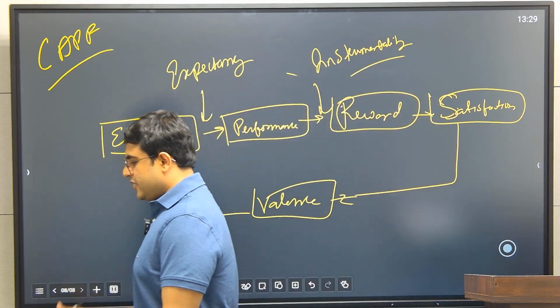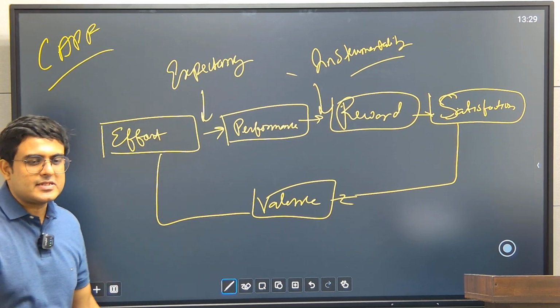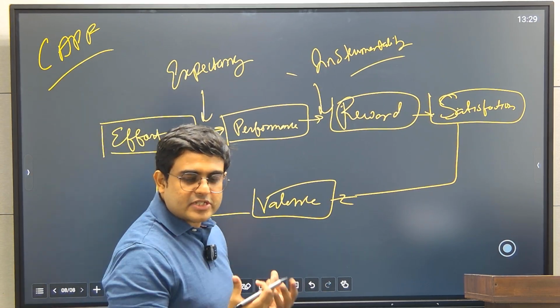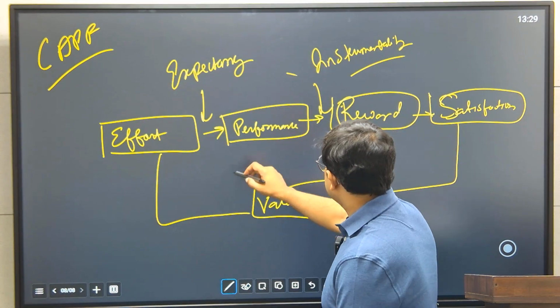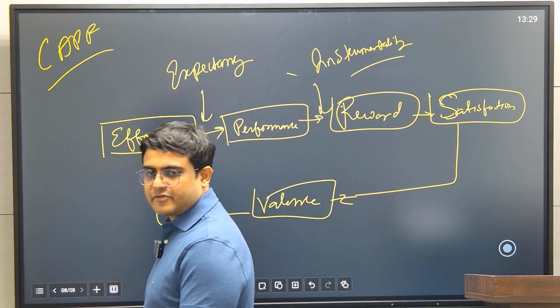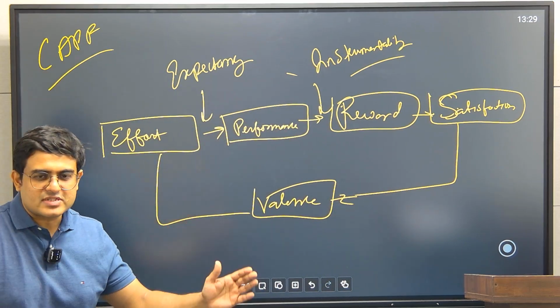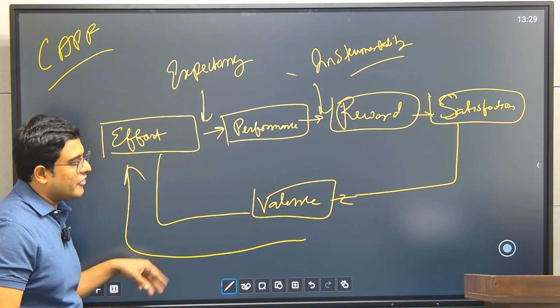So this is how he talks about motivation. You put in effort, it will depend upon your expectancy, your perception of that effort, whether you have skills, etc., to result in performance. One performance will be instrumental to another in achieving reward. That reward will ensure satisfaction, and valency is the valued reward, a kind of feedback to efforts.